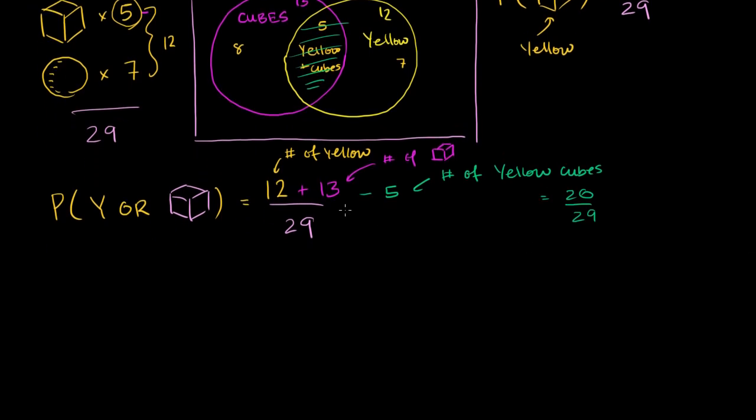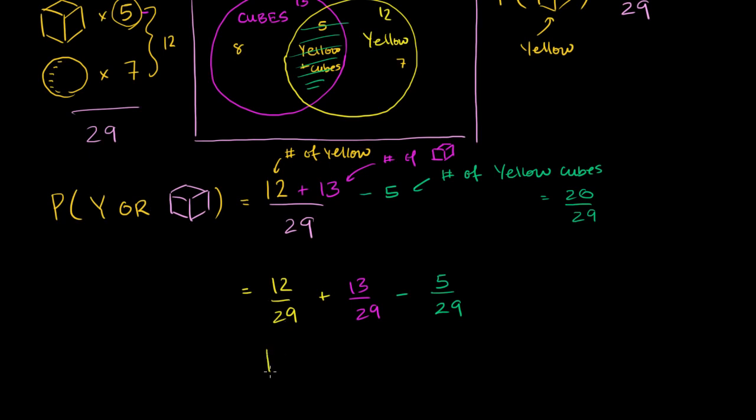So let's think about this a little bit. We can rewrite this fraction right over here as 12 over 29 plus 13 over 29 minus 5 over 29. And this was the number of yellow over the total possibilities.